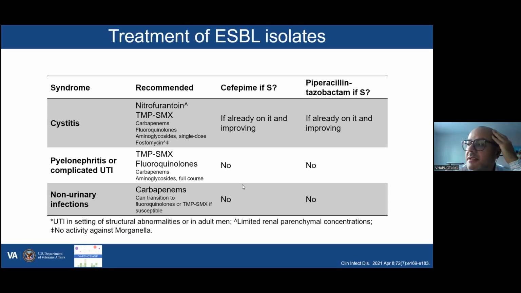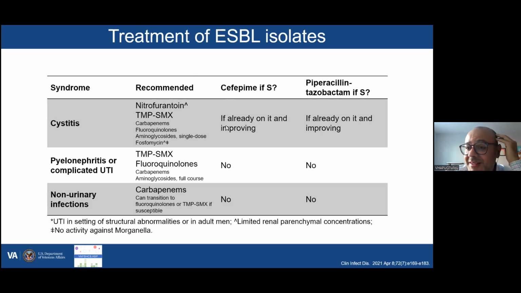There are fantastic guidelines from the IDSA that tell you how to treat ESBL isolates. And it all depends on the type of infection you have: cystitis, pyelonephritis, or non-urinary infections. That's essentially your branching point there. So this is going to be a useful slide to review for you as well.